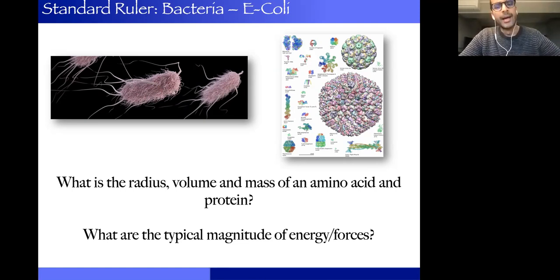Okay. And so encapsulating all these questions is fluctuations. And of course, the thing that drives molecular processes are forces, they're energies, right?